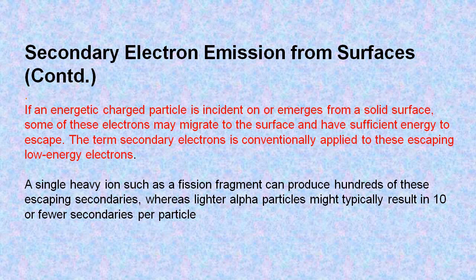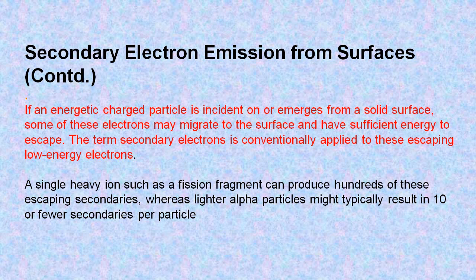But if the electrons are just being excited to a higher energy state, that means they are not ionizing, they cannot come out of the atom. A single heavy ion such as a fission fragment can produce hundreds of these escaping secondaries, whereas lighter alpha particles might typically result in 10 or fewer secondaries per particle.